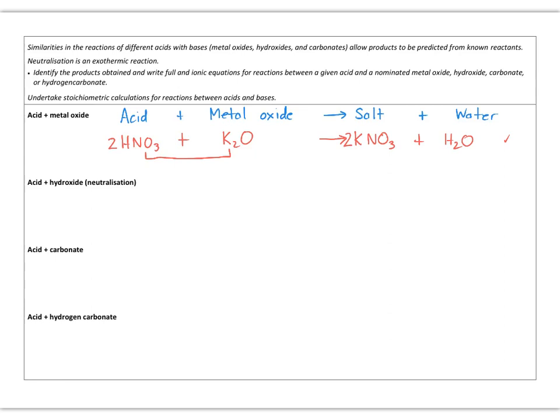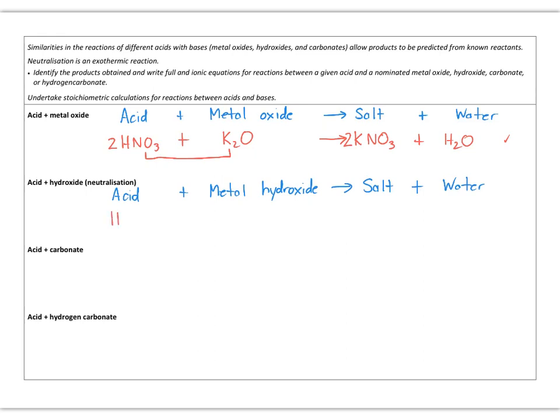We see a very similar thing happen with an acid and a hydroxide, which is what we would usually call a neutralization reaction. So if we have acid plus metal hydroxide, that will also form salt plus water. So here we'll pick a different acid.